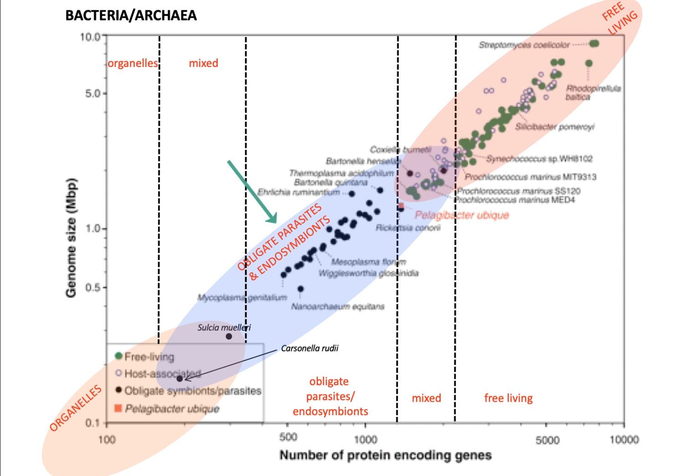And then you move into the obligate parasites and endosymbionts, where you drop below a genome size of 1 million base pairs and drop below the 1,500 protein encoding genes, going all the way down to very small genome sizes ranging from about 100 to 200 or 300,000 nucleotides, and having fewer than 500 protein encoding genes.